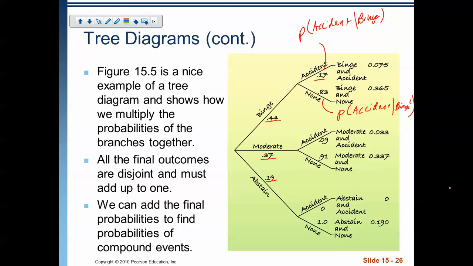Given that I'm a binge drinker, that's 0.44. There's a 0.17 chance that I've been in an accident. Probability I've been in an accident, given I'm a binge drinker. And the probability that I've been in an accident, given I'm not a binge drinker, that probability is 0.83. Notice that these two things are complements of each other.